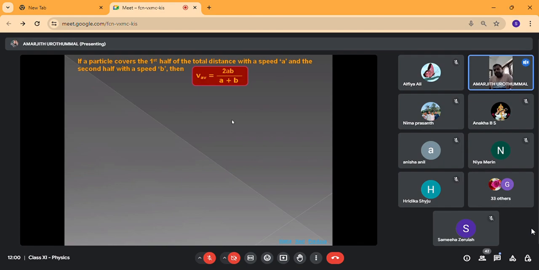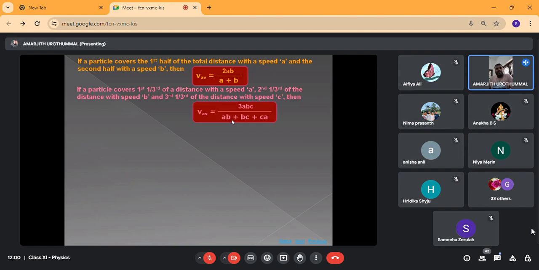This we can find while doing numericals. Some important cases only I am saying here. The second case is first 1/3 with the speed a, second 1/3 with the speed b, and third 1/3 with the speed c. Then the average speed is 3abc divided by ab plus bc plus ca.